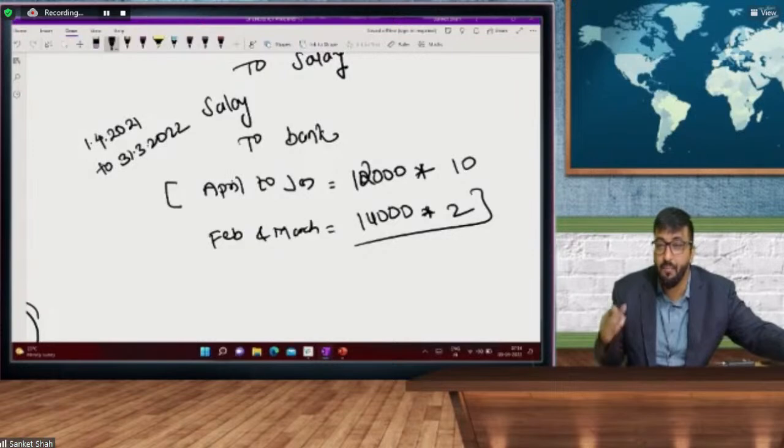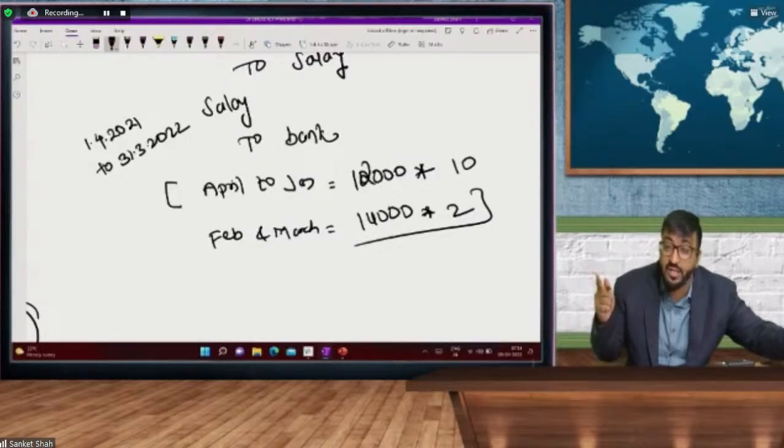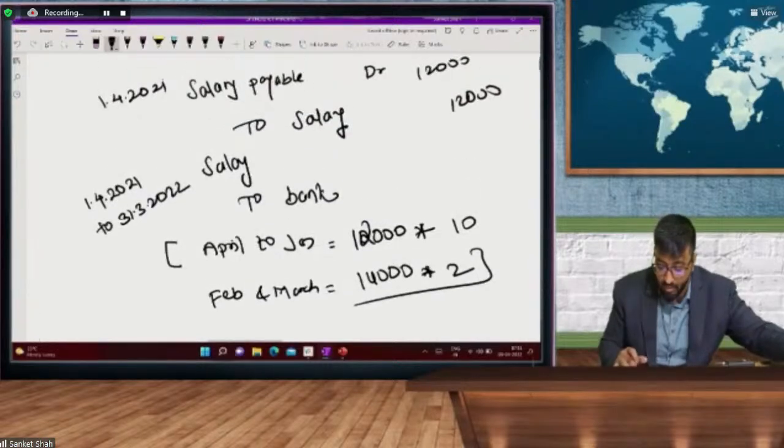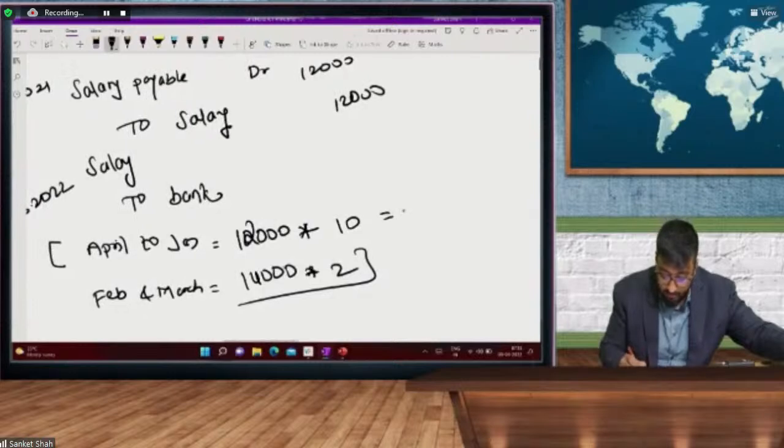See beta, April month salary in May, March month salary in April. So April to Jan. Why Jan? Because December month salary you are going to pay in Jan. So 12,000 into 10. And Feb, March salary will be 14,000 into 2. So this is 1,20,000 and this is 28,000.